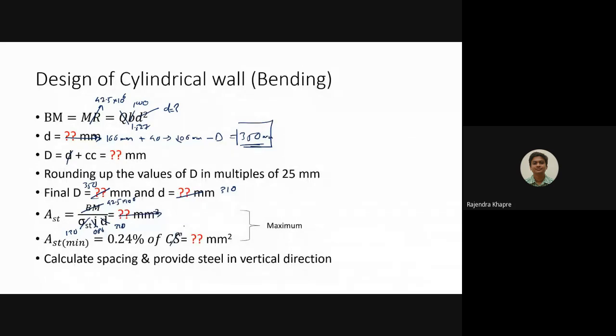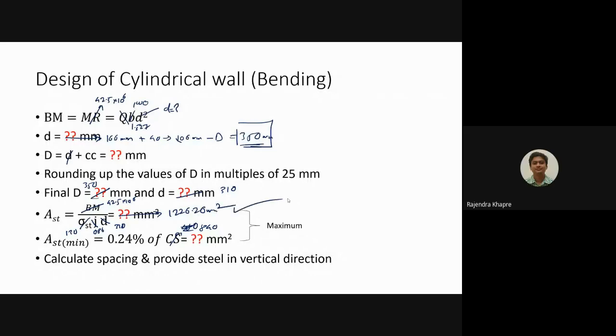I think this is 480 for 350 mm. So 840, sorry, not 480, it's 840. How much is AST? 1226.26.